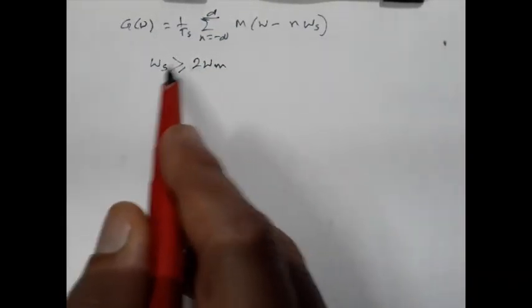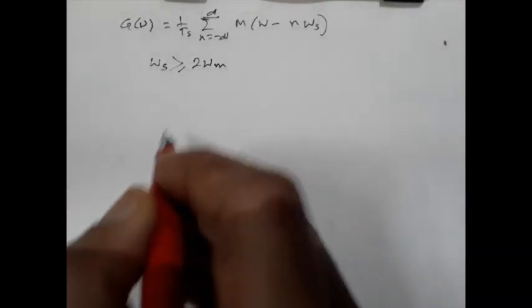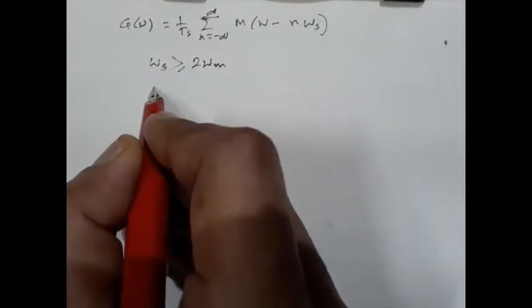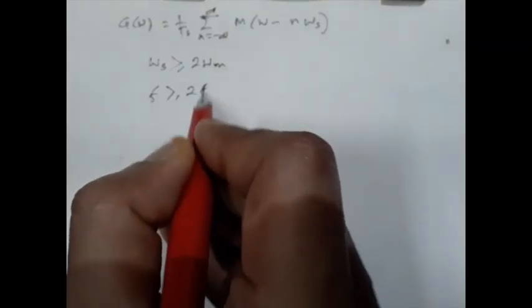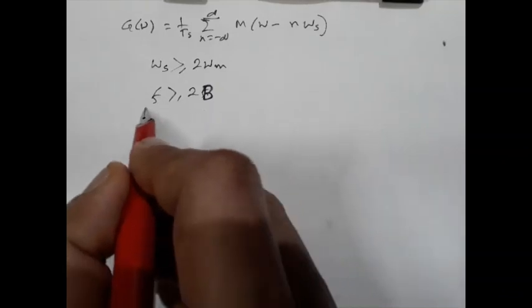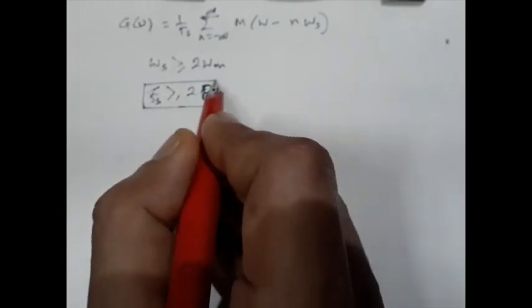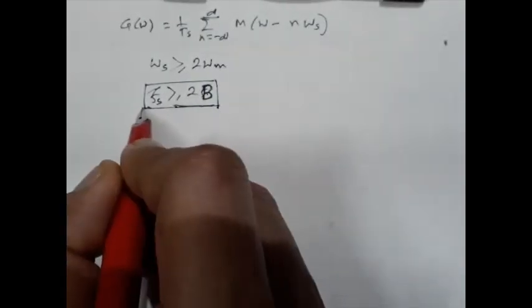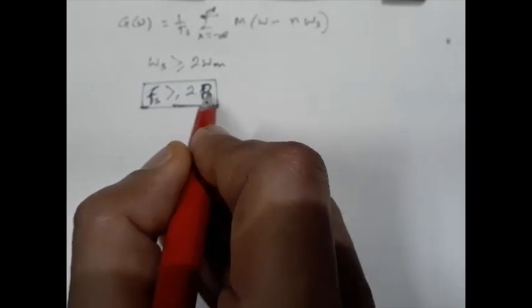If it is reverse, there will be overlap. From this we can say Fs must be greater than or equal to twice B. This is the basic criterion of sampling: the sampling frequency must be greater than or equal to twice the bandwidth of the message signal.